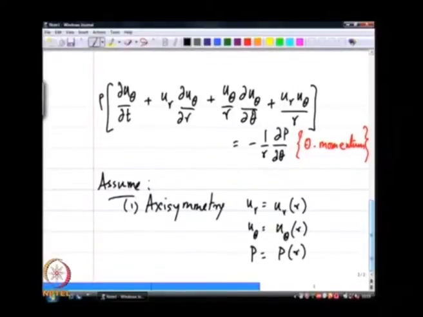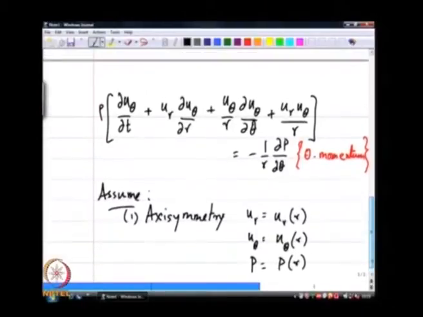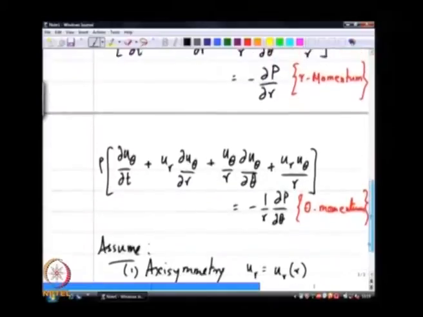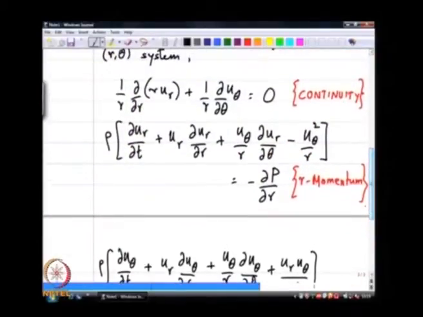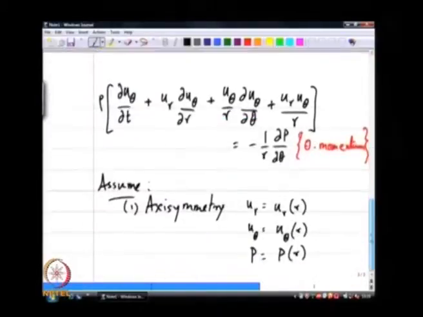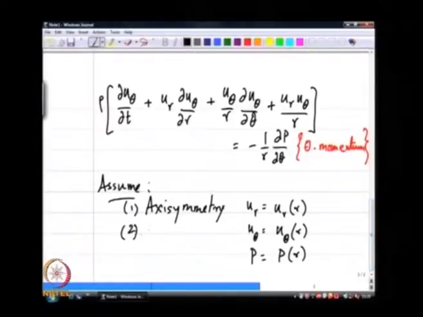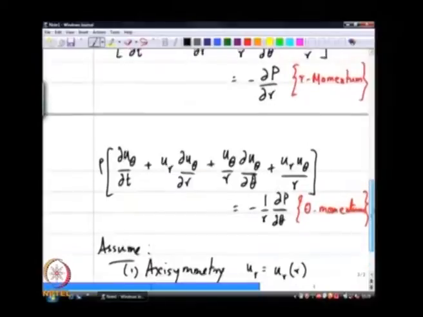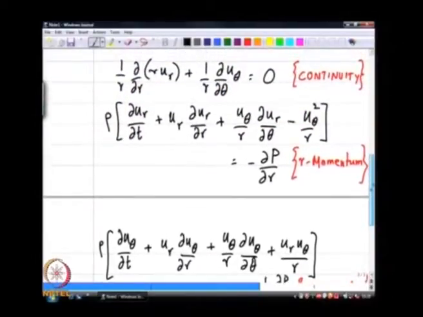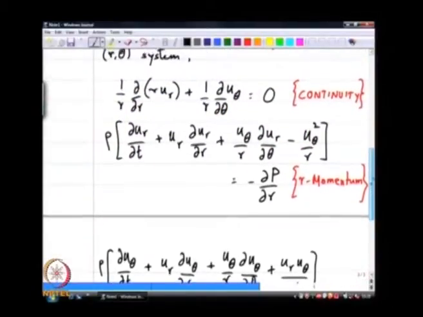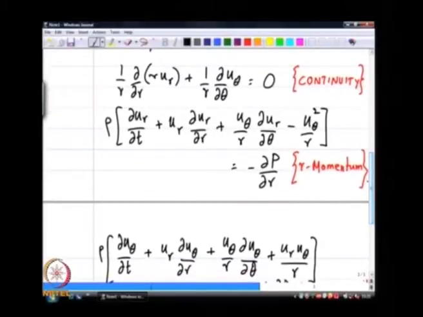So, if I use these axis symmetry assumptions and scratch out terms that are not important, I am also going to assume steady flow. Things are spinning and we are well past the spin up phase, that is the phase where the fluid was adjusting to a rotating container or a rotating rod, and we are well past all of those transients and we are in a steady mode of operation.